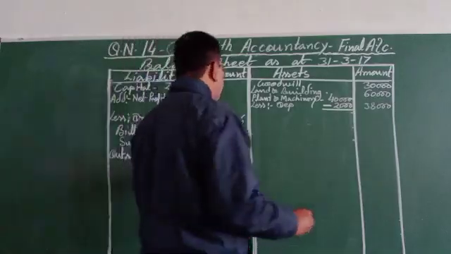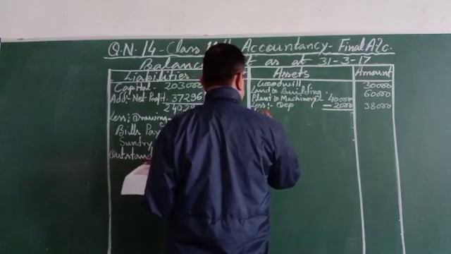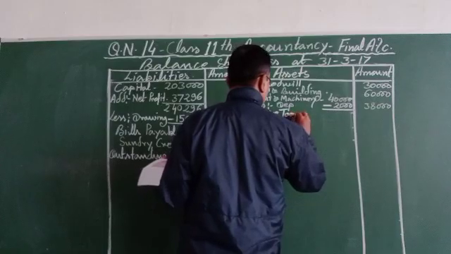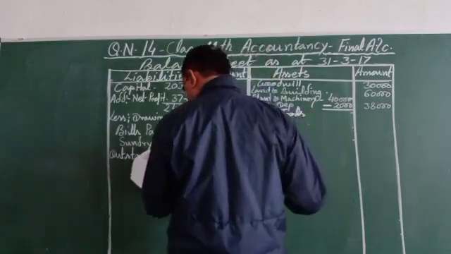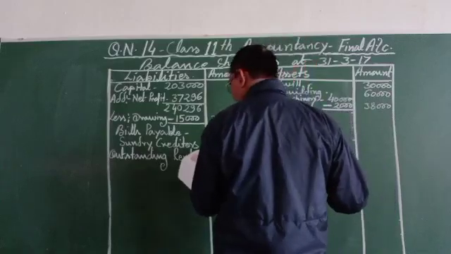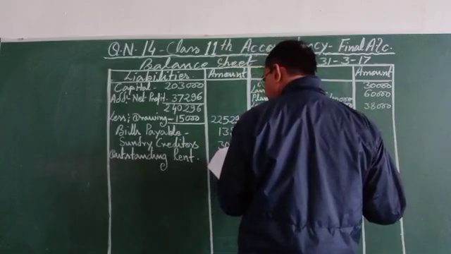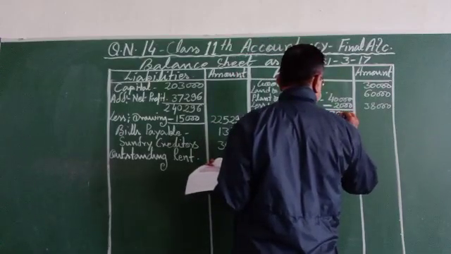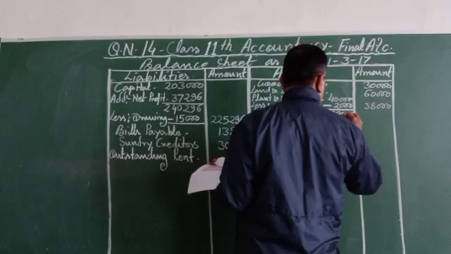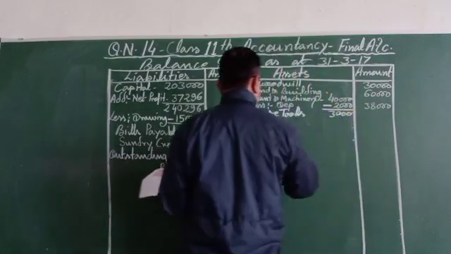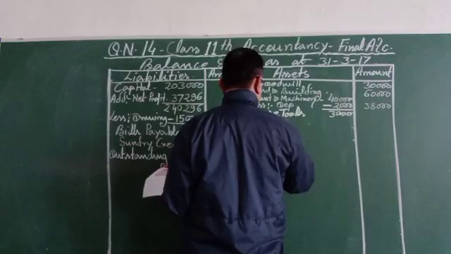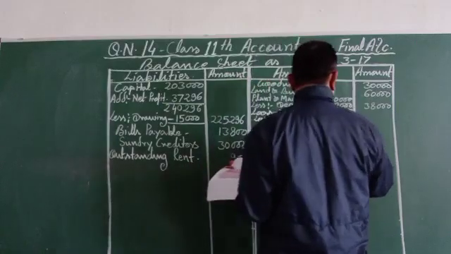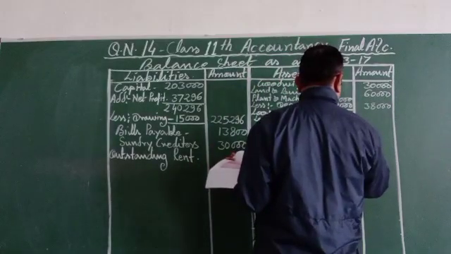Then loose tools. Also on loose tools, 15% depreciation. Loose tools given 3,000, less depreciation at 15%, minus 450.